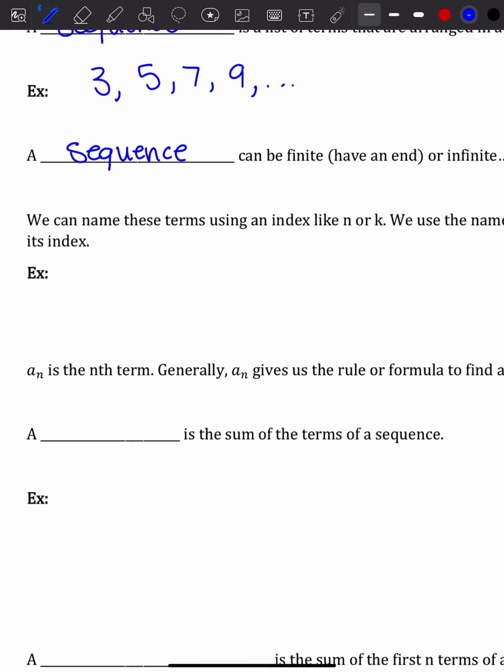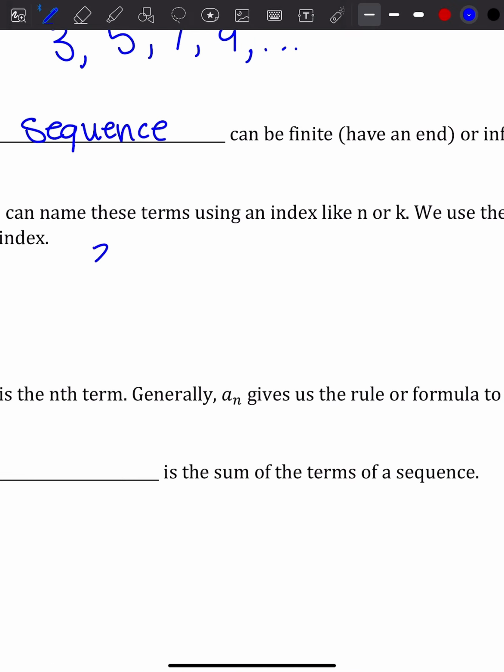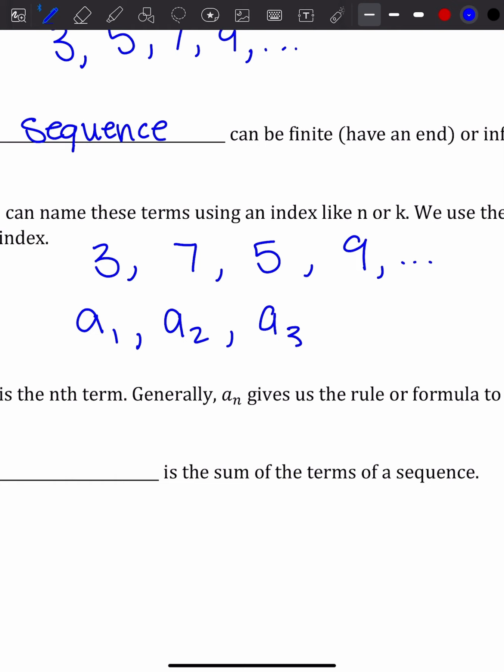So if we took the sequence that we had before, 3, 5, 7, 9, and we said this is sequence A, we would say that this first term is A sub 1. It's the first term in sequence A, versus A sub 2, A sub 3, A sub 4, and so on.